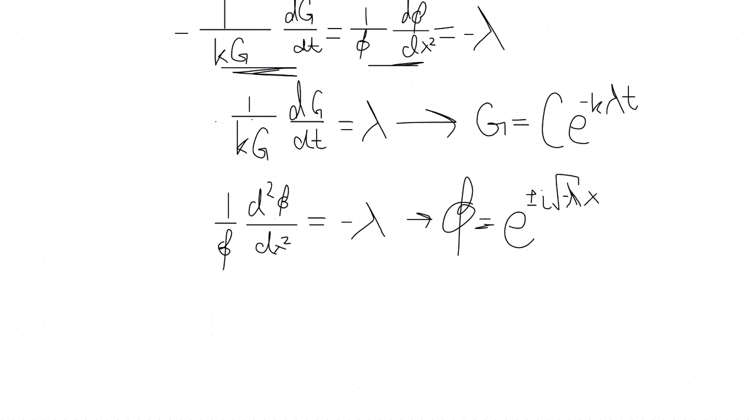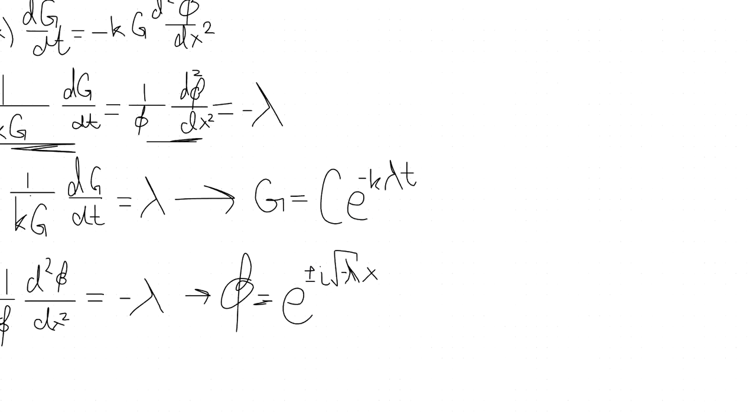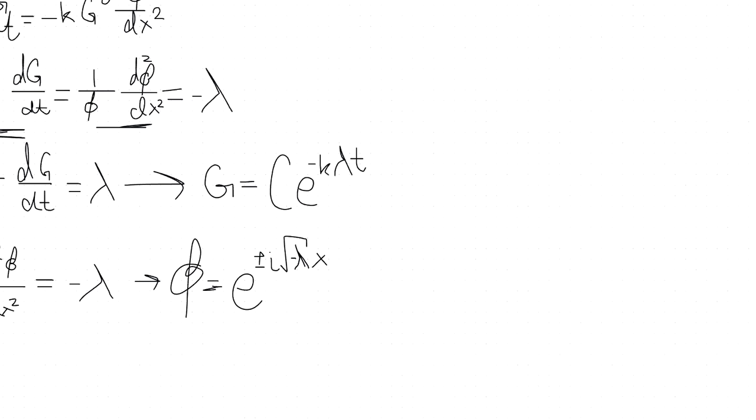So first off, we want to look at these equations to understand boundaries now. So g is equal to C times e to the minus k lambda times t. What we know is that as time approaches infinity, we can break this down into three cases: when lambda is less than 0, when lambda equals 0, and when lambda is greater than 0.